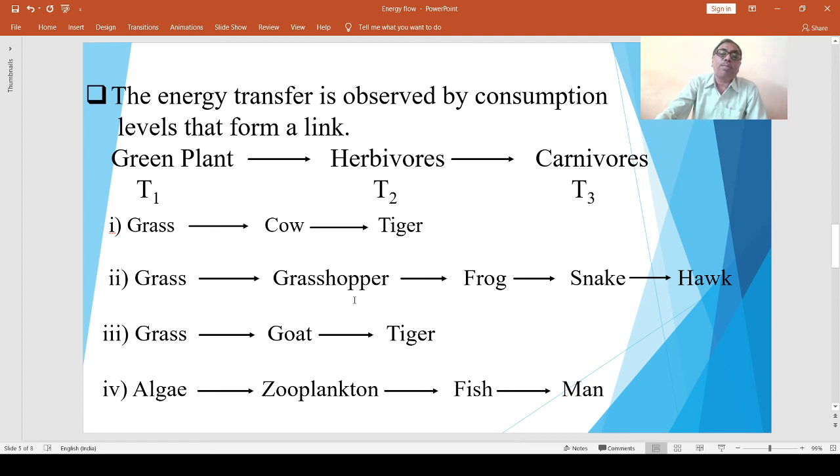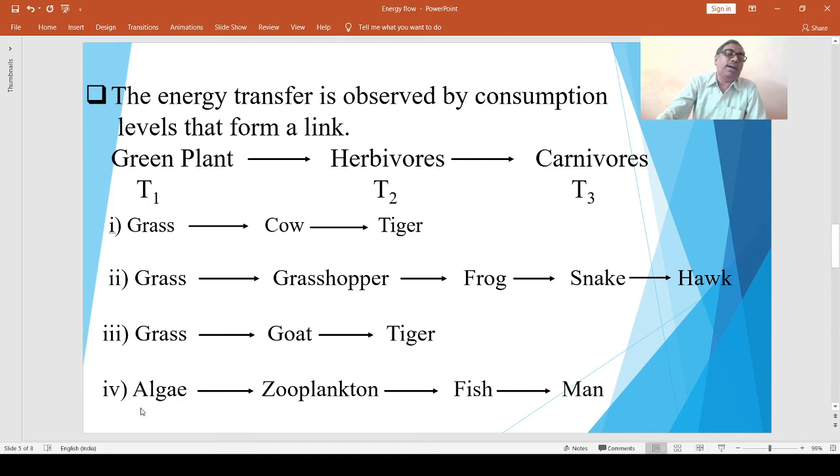Grasshopper is consumed by frog. Frog is prey of snake. Grass is a prey. Goat is a predator. Grass is consumed by goat. Goat is consumed by tiger.